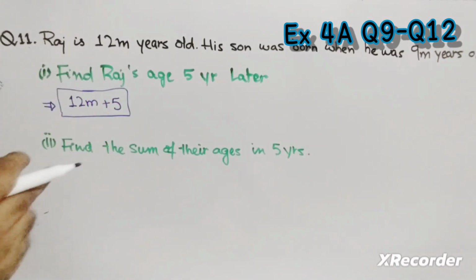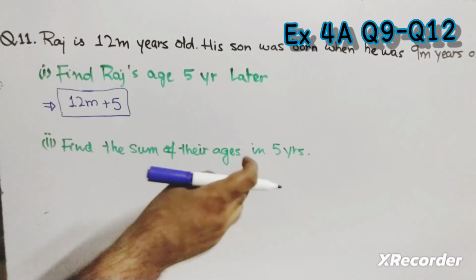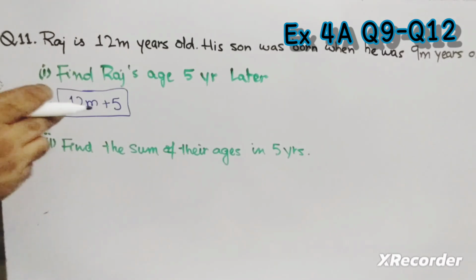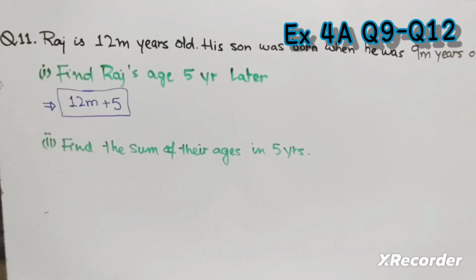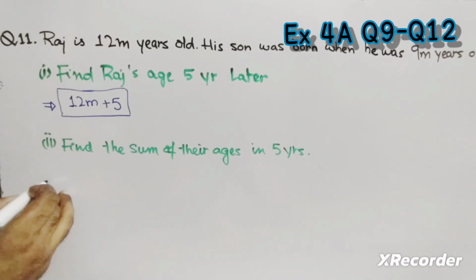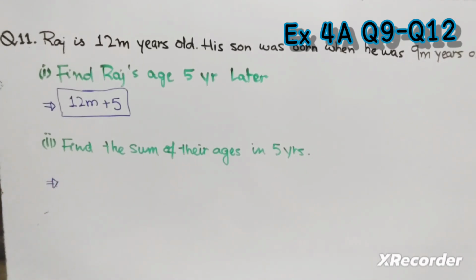Part 2. Find the sum of their ages in 5 years. We have already found out Raj's age in 5 years. Now we just have to know the age of his son. In the second part of the question, his son was born when he was 9m.